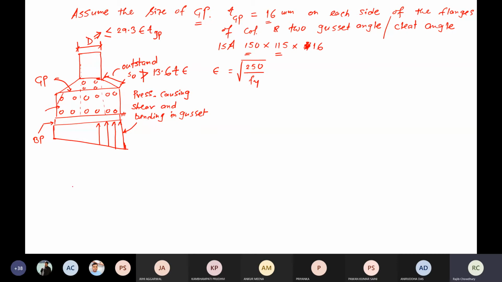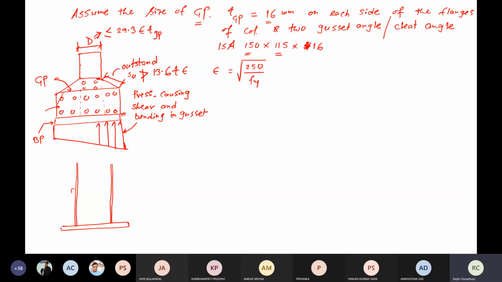And if we look at it the other way around, let's consider this particular part is the column portion. Over this column, this particular portion is the gusset plate.